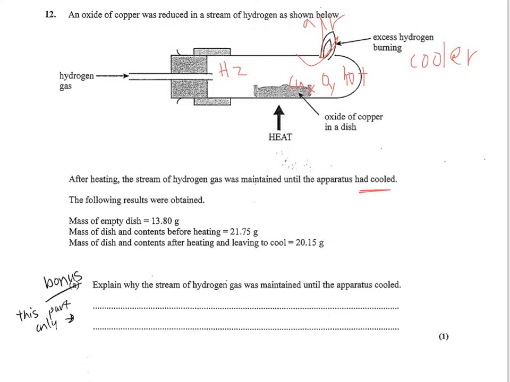And when oxygen re-enters, some of your copper that had been recovered is going to revert back to copper oxide. So you're preventing any air or oxygen from re-entering and reacting with the copper, oxidizing the copper.